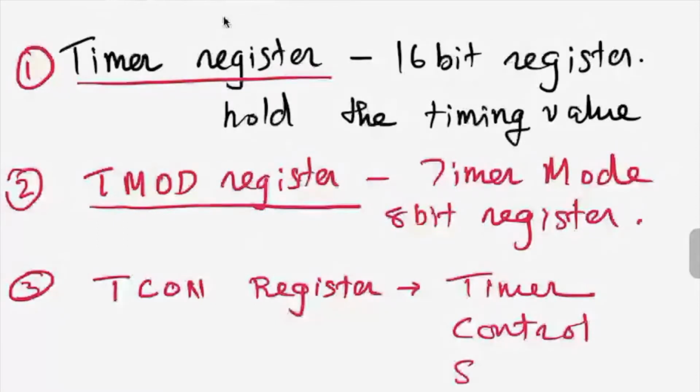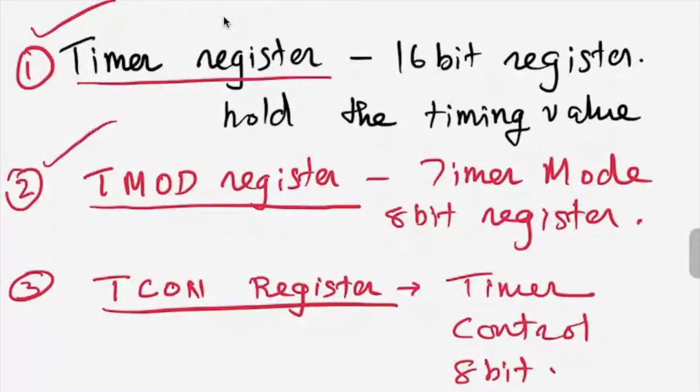So my point here is, when you talk about a timer or a counter, there are 3 registers which we need to be aware of. The first one is the timer register, which is a 16-bit register which holds the count value or timing value. The second one is the TMOD register, timer mode register. This is an SFR, special function register, and it will hold the timer mode and certain control functions of this timer.